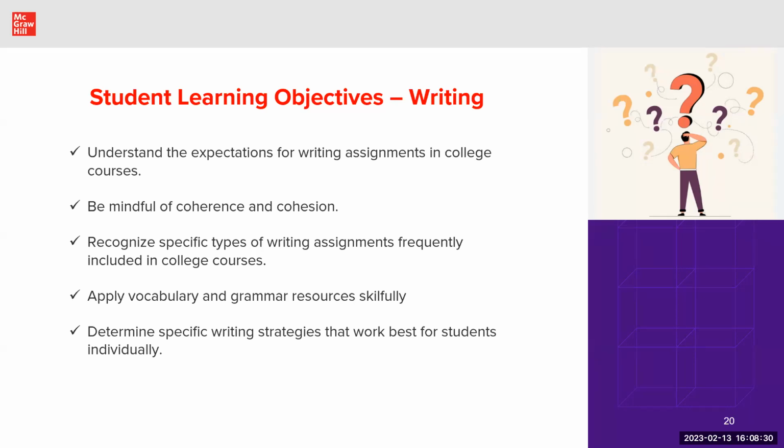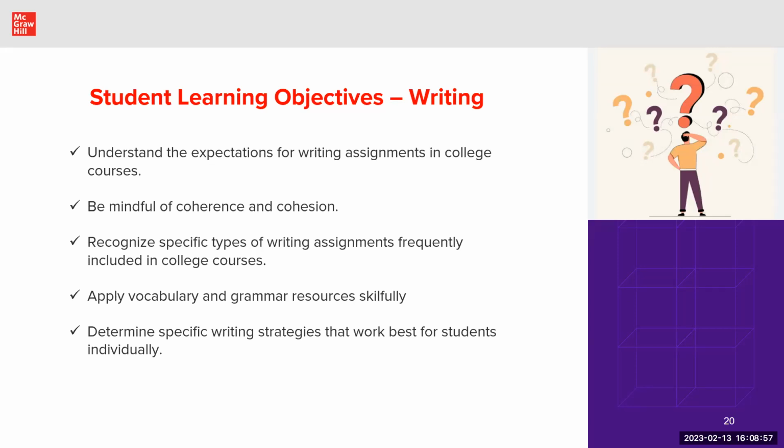The students need to recognize specific types of writing assignments that they're likely to encounter in the courses that you're teaching. So it's good even at the beginning of a course to give them that kind of explanation about what's coming up in the semester, what's coming up in the year, what they're going to encounter, and how it's different from what they're used to so far.